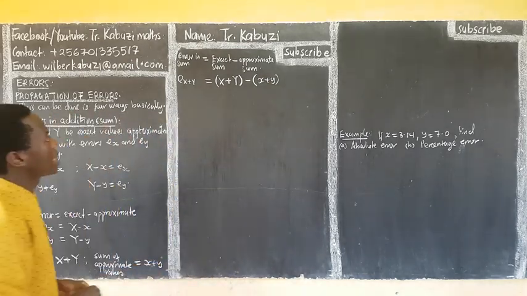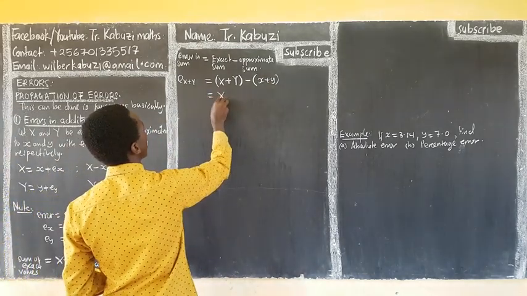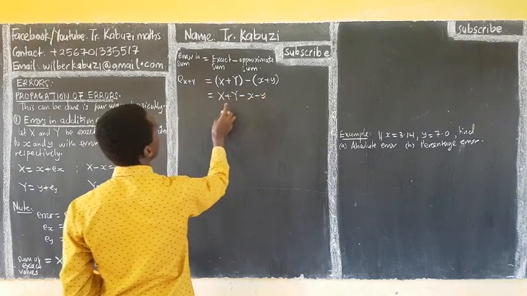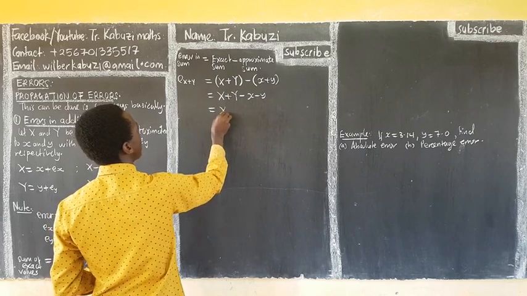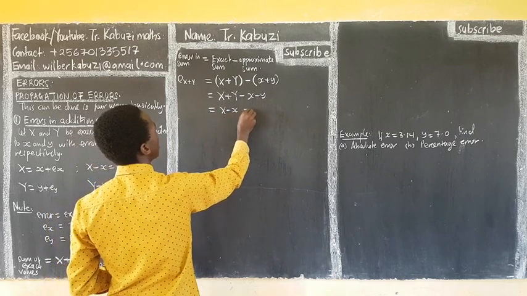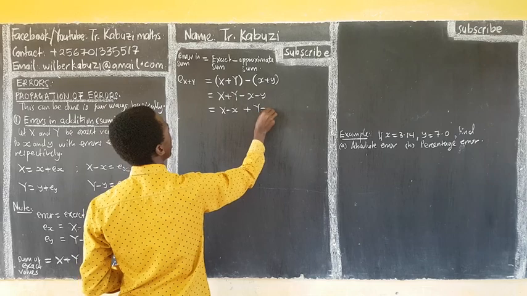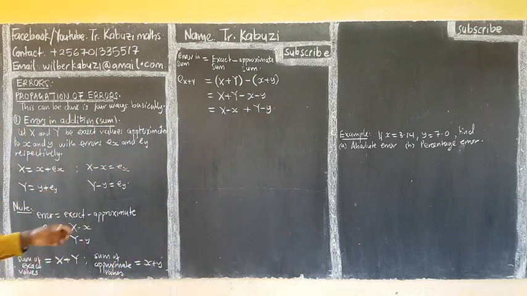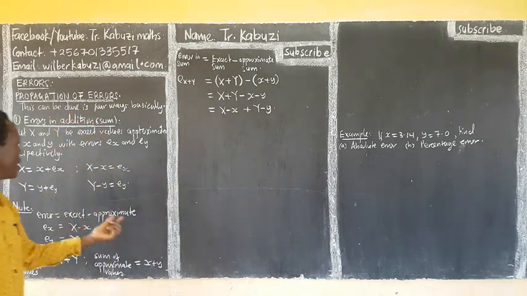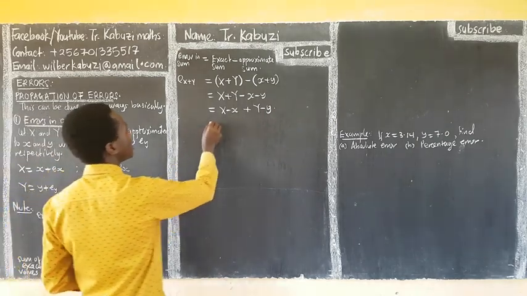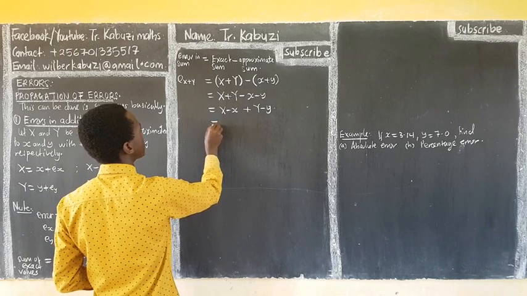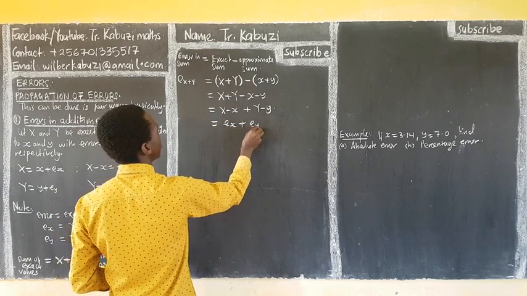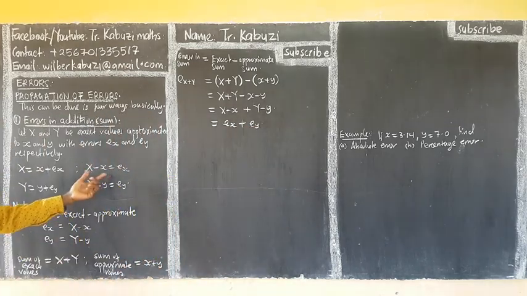If we open the brackets, this will give me capital X plus capital Y minus x minus y. Grouping, I have X minus x, then plus Y minus the small y. Now you see that the first part is given by ex, plus this one will be ey.